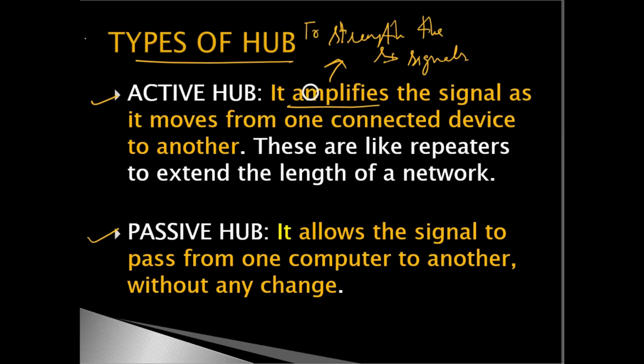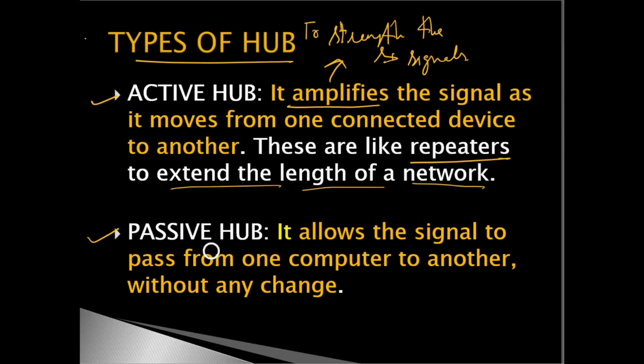It is regenerating the signals, after that making them connect with each other. This role is done by repeaters, so that's why they say these are like repeaters. We'll study repeaters in detail in the upcoming slides. Repeaters are used to extend the length of the network.